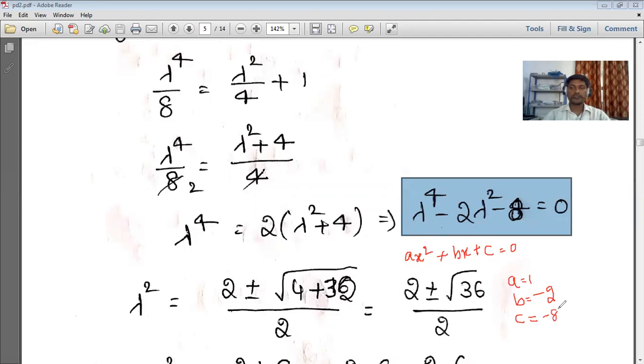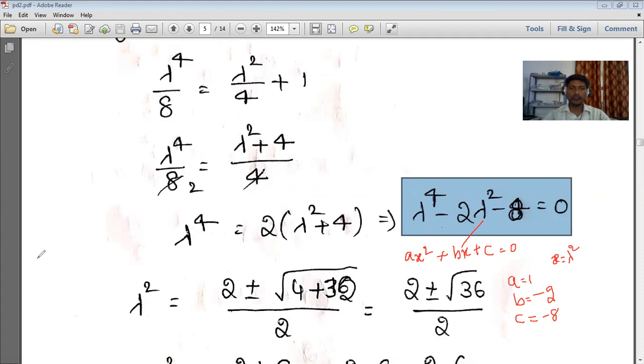So a is 1, b is minus 2 and c is minus 8. And in place of x, here x is nothing but lambda square. So x is equal to lambda square, and x square is nothing but lambda square whole square, lambda power 4.